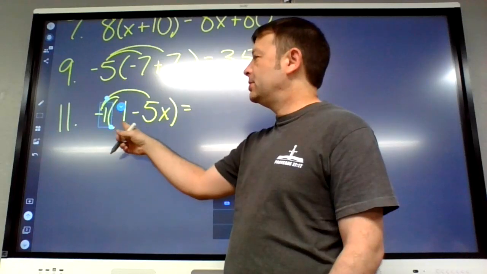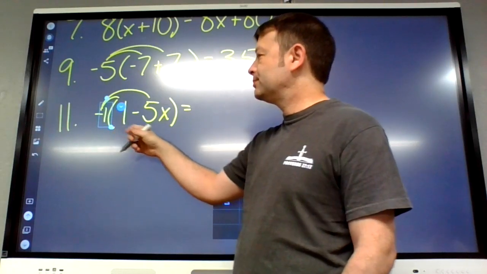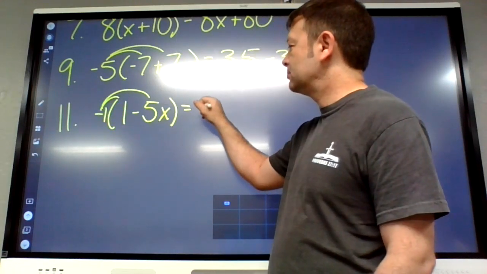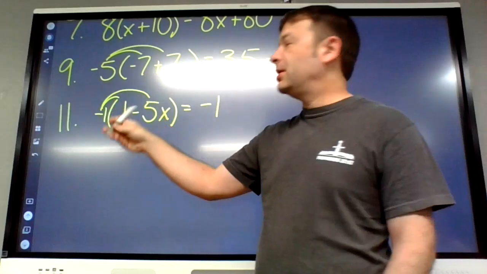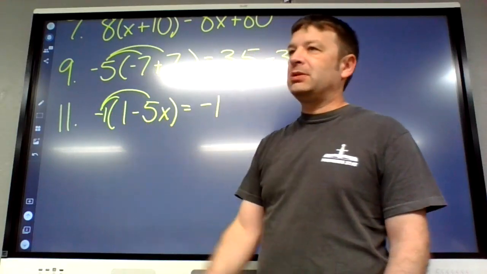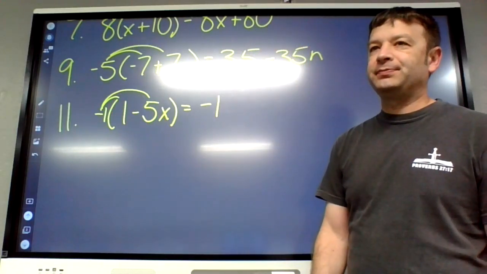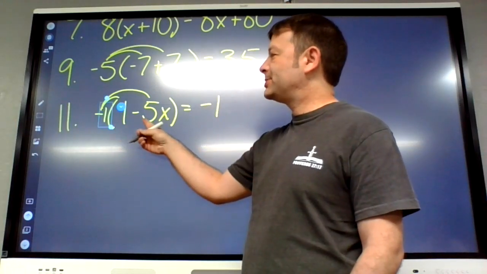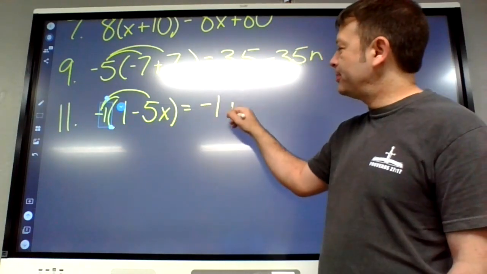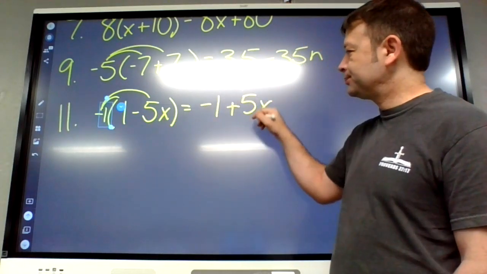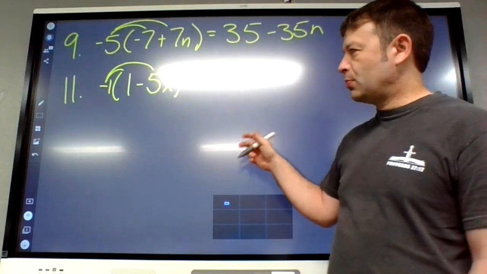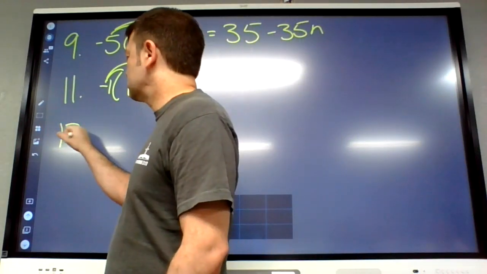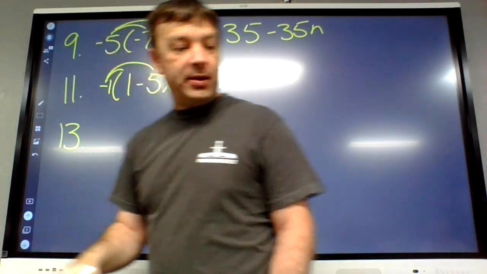So -1 times 1, and then -1 times -5x. Well, negative times negative, positive. So that'll be plus.